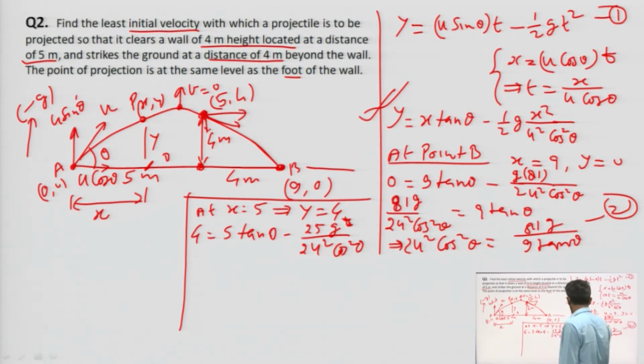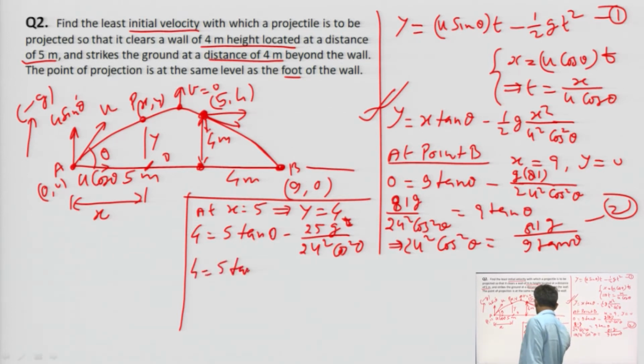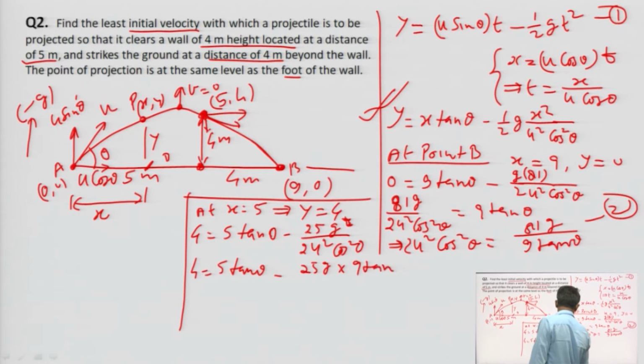Okay. So, put the value of 2 u square cos square theta over here. So, 4 is equal to 5 tan theta minus 25 g multiplied by 9 tan theta divided by 81 g.